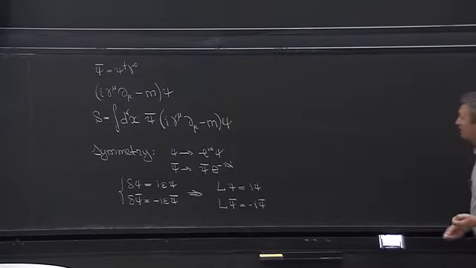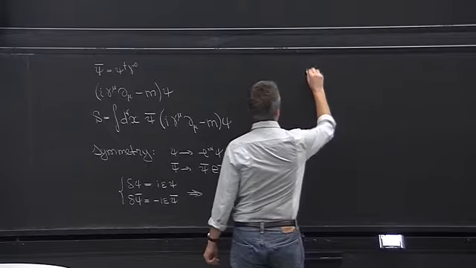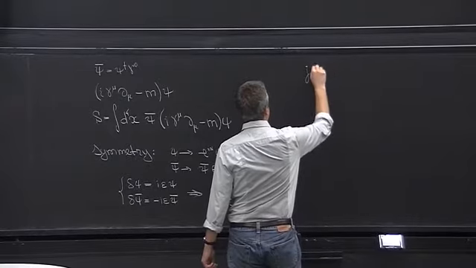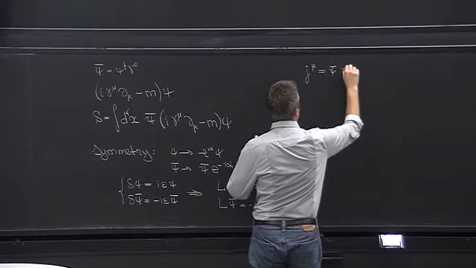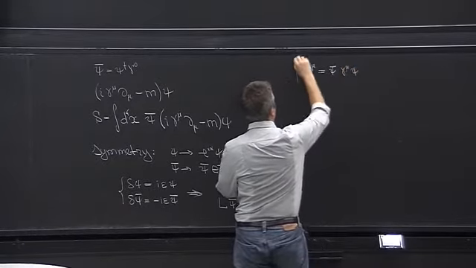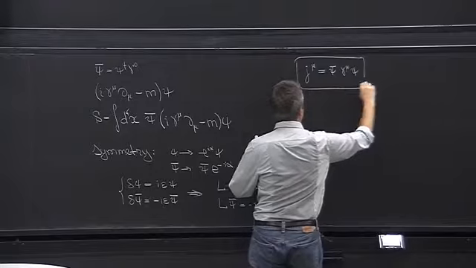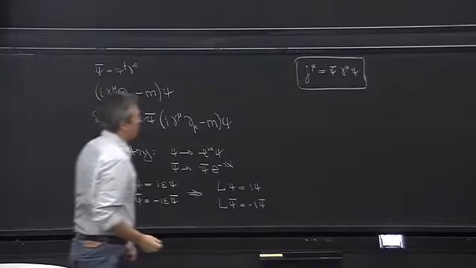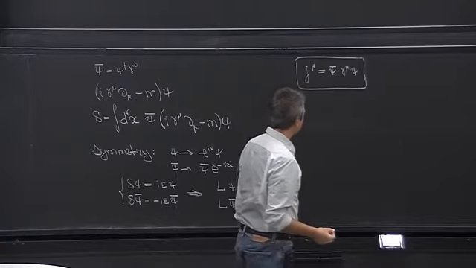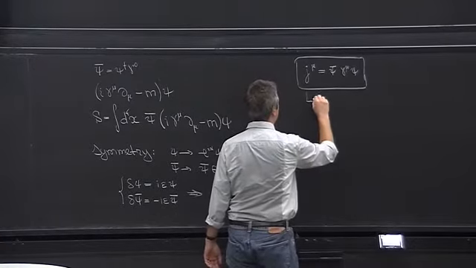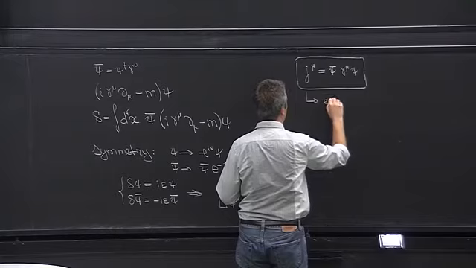And so what we get, up to a sign, is psi bar gamma mu psi. So this current is conserved. And later we will interpret this current as electric current.